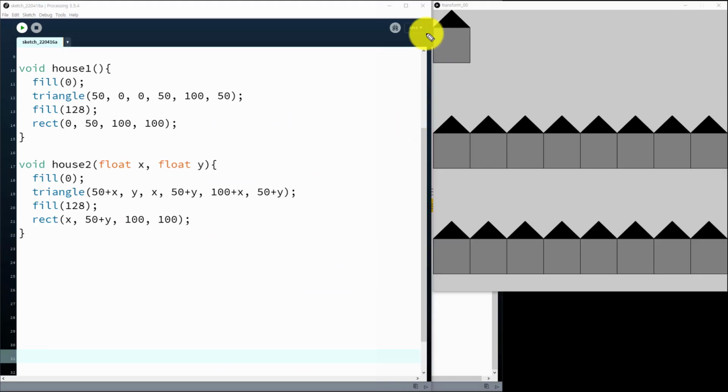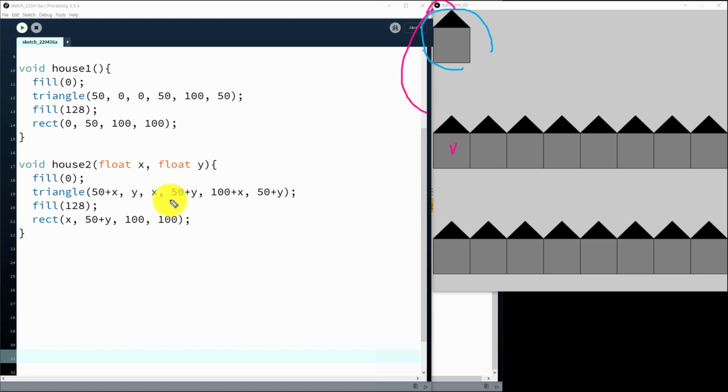It might be a little difficult. When you draw this one, the origin was here, right? Let's change the color. The origin was here. To draw this house, still the origin was here. So that's why we need to add something.